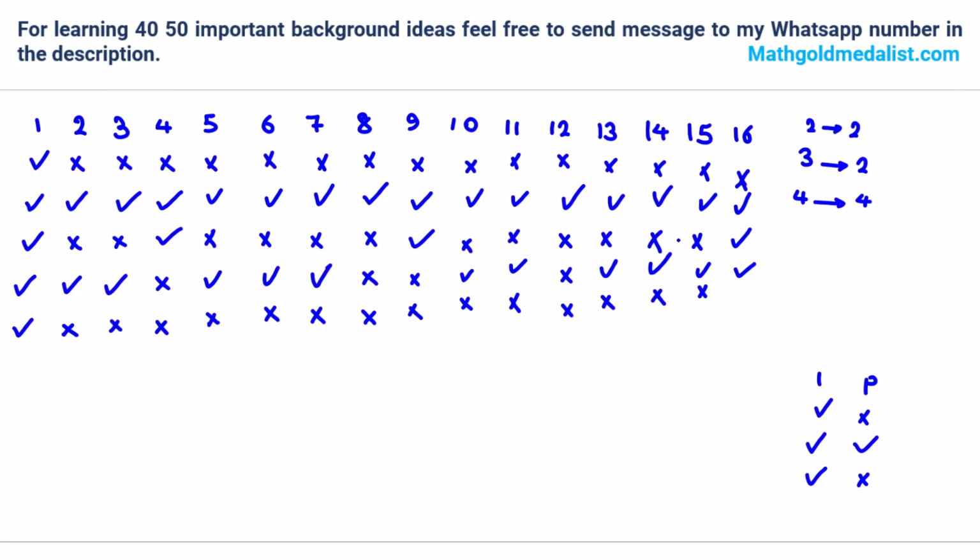Still check. 1, 2, 4, it's 16, not 2. So for 16 we should continue, right? Okay, so if you continue, you can do what? We should write next one, all of them will be checked, right? Do you agree?